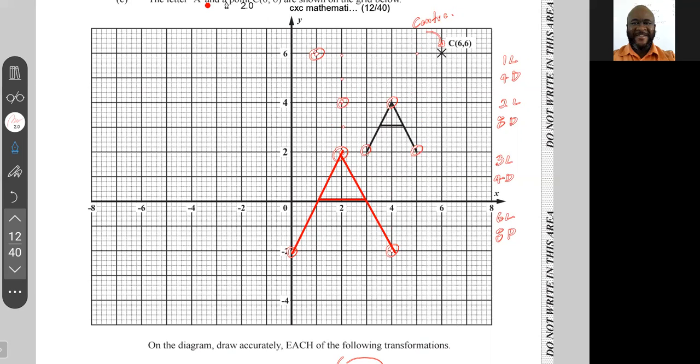The one on the left, 3 to the left, 1, 2, 3, 2 up, 1, 2. This is the new position of A if A is translated 3 units to the left and 2 units up.